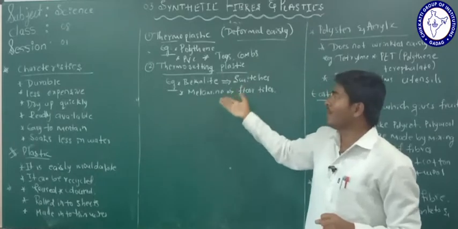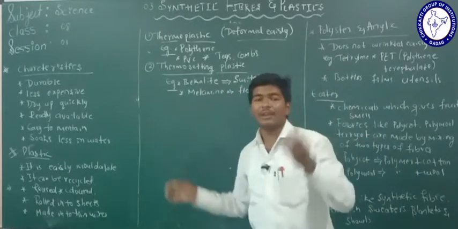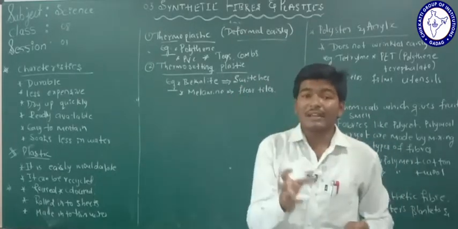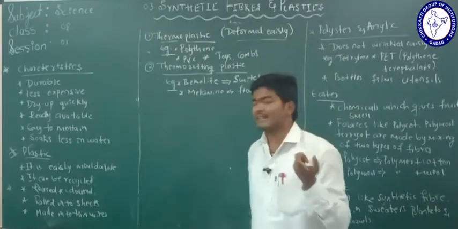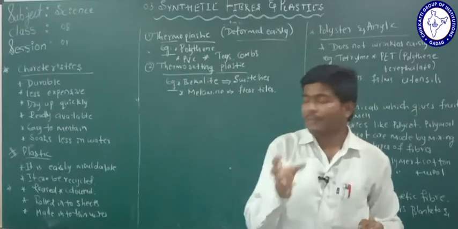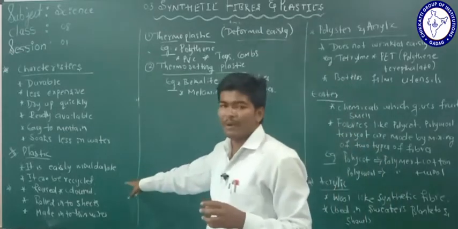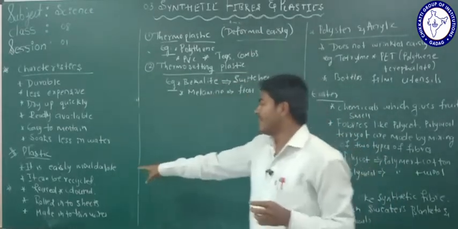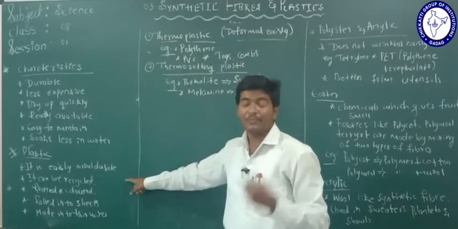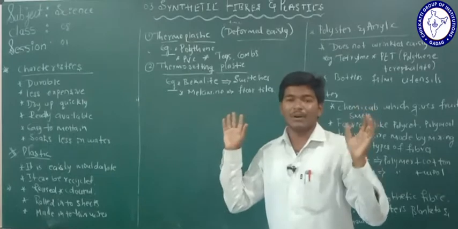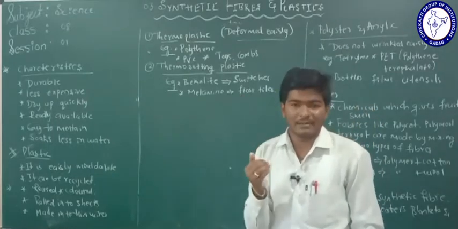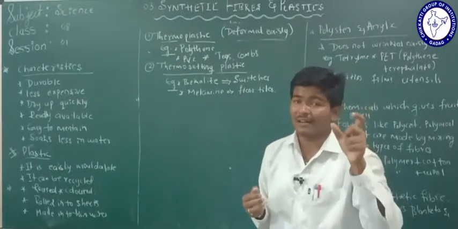And also, plastic is a very good material that we use. The reason we use it is that it is very familiar, because it is easily moldable, first thing, and it can be recycled very easily, and it is used in a lot of things. Why? Because it resists heat. It is a bad conductor of heat and electricity.